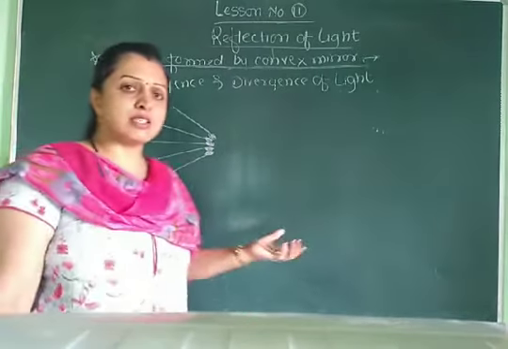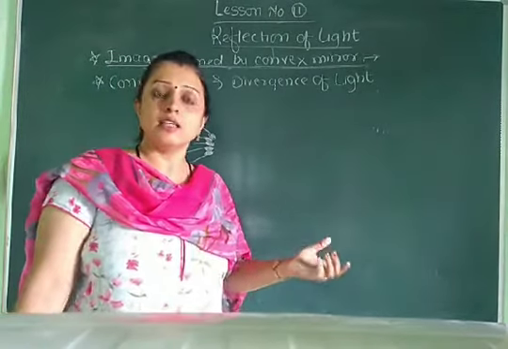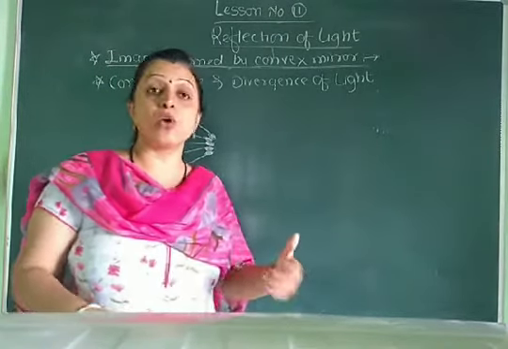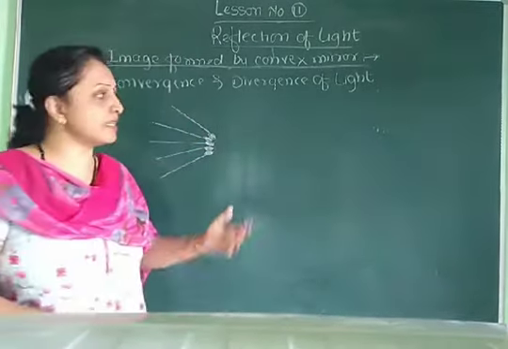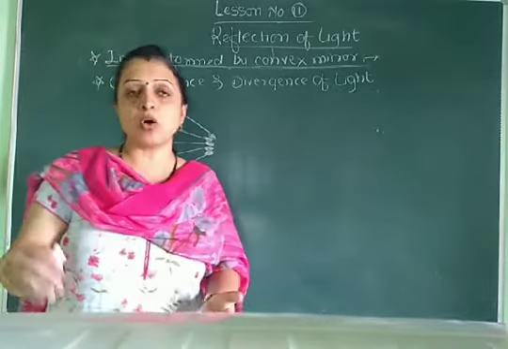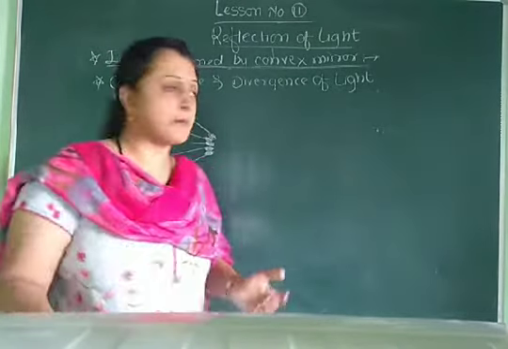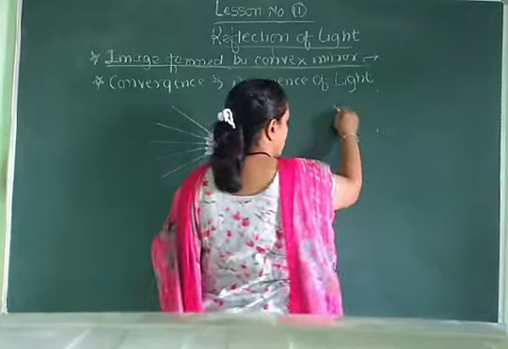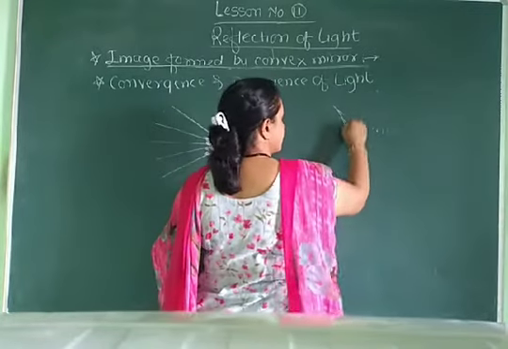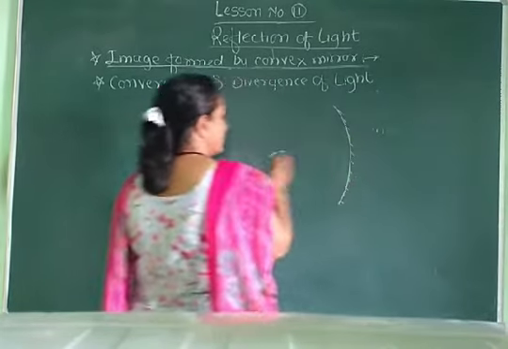And here we can see this convergence of light in case of a concave mirror. Already we have studied that diagram in the concept of principal focus. So let us consider this is a concave mirror.